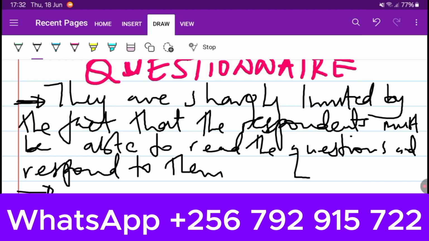So the questioner or the researcher may have a problem in question construction and then the wording. So wording, those respondents may give varying answers.